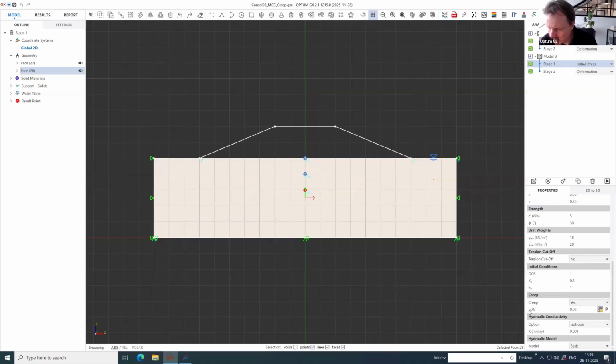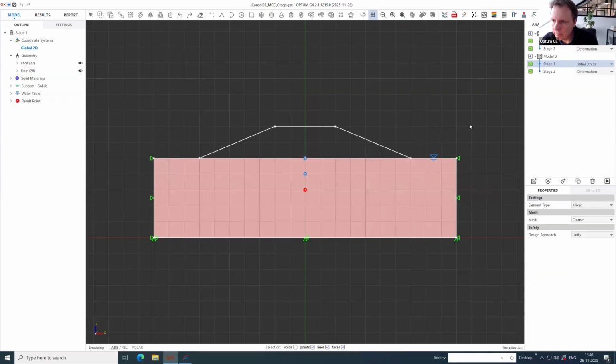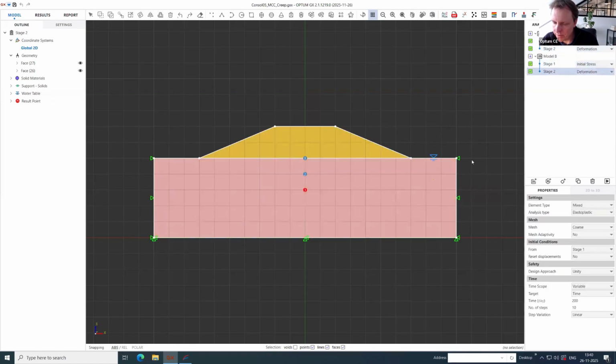You have this creep index mu that you specify as a fraction of the compression index, and this is a value I've chosen, 0.02, which usually shouldn't be very high at all. So this was the original Cantlay, and then the exact same thing except with a bit of creep.